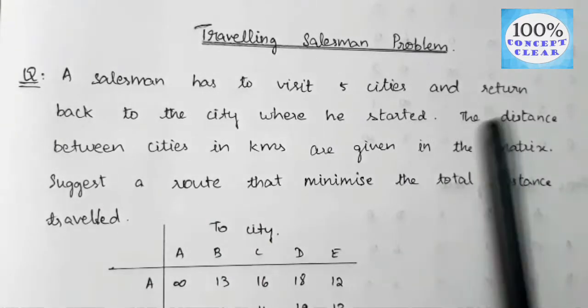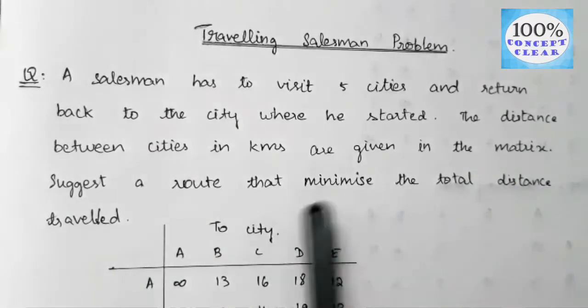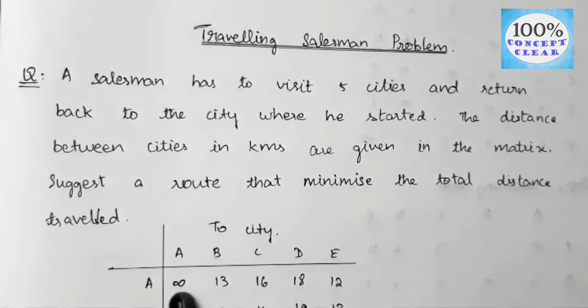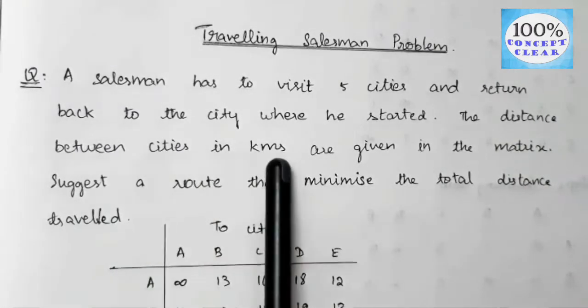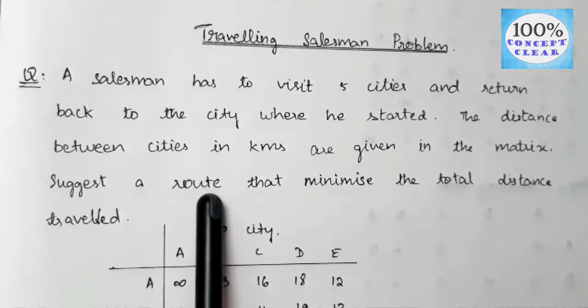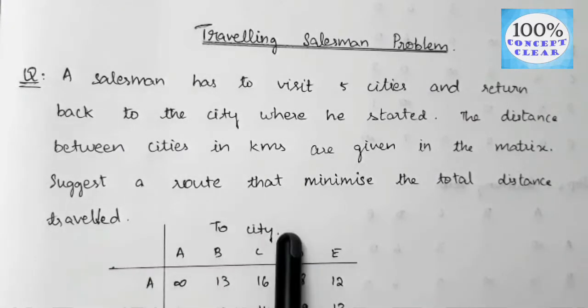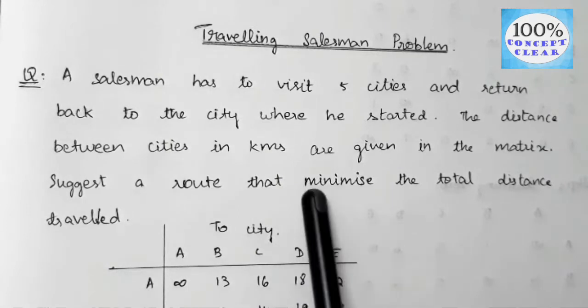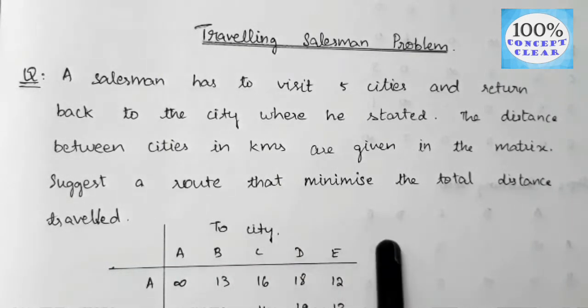The distance between cities in kilometers is given in the matrix. So all the elements in the matrix represent the distance between cities in kilometers, and suggest a route that minimizes the total distance traveled. So here our objective is to minimize the total distance traveled. Hence it is a minimization type of sum.